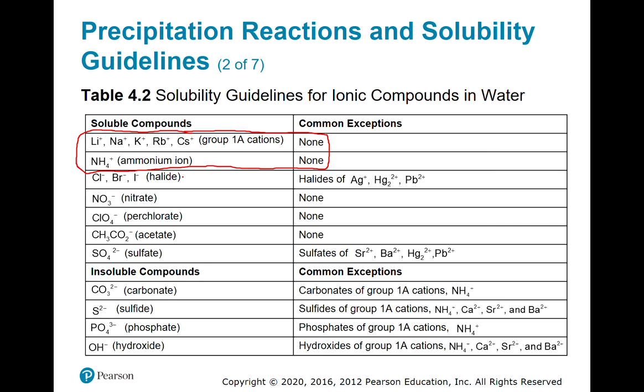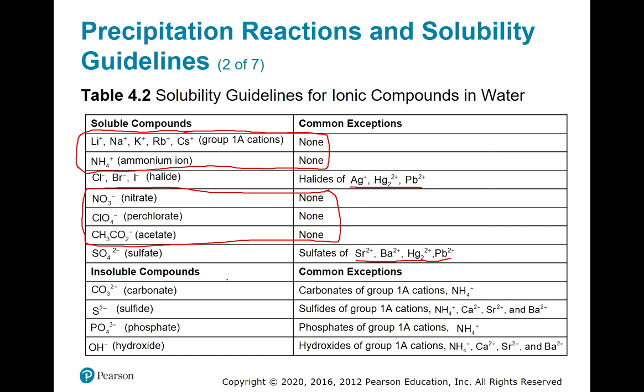Our halogen or halide based anions are mostly soluble except for the exceptions mentioned earlier. Nitrates, perchlorates, and acetates are all soluble no matter what. And most sulfates are soluble with these exceptions here, which I pointed out to you earlier.